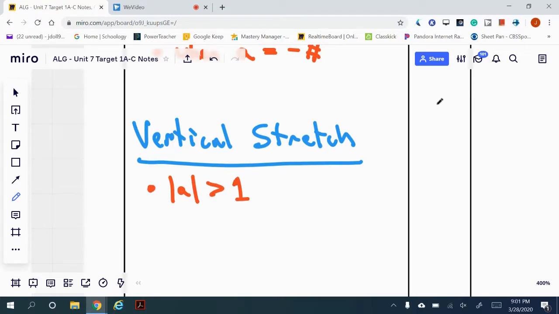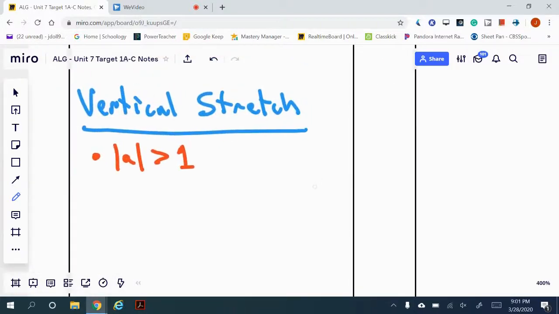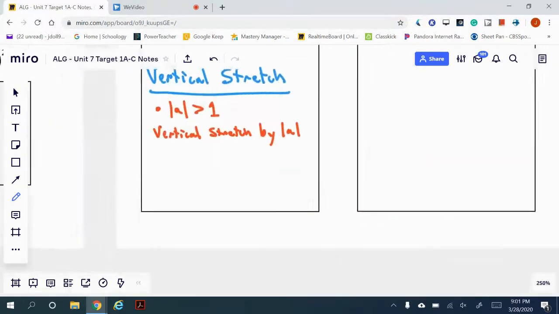But when the absolute value of A is greater than 1, we're going to vertically stretch. The way we say this is it will be a vertical stretch by whatever the absolute value of A is. All right, that's how we say that.